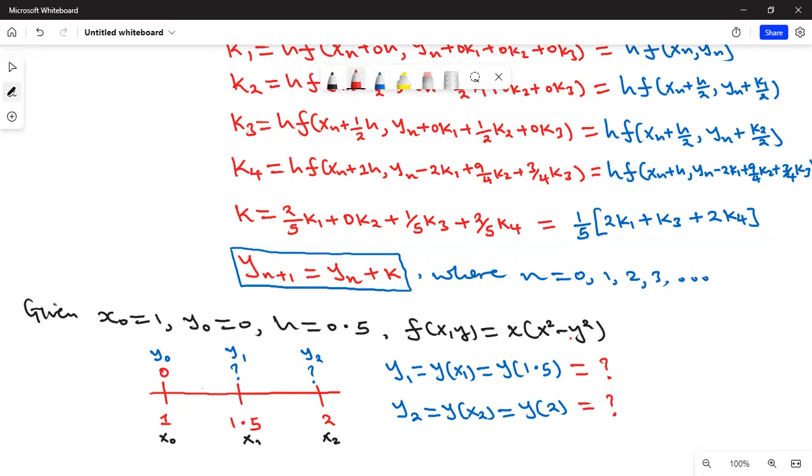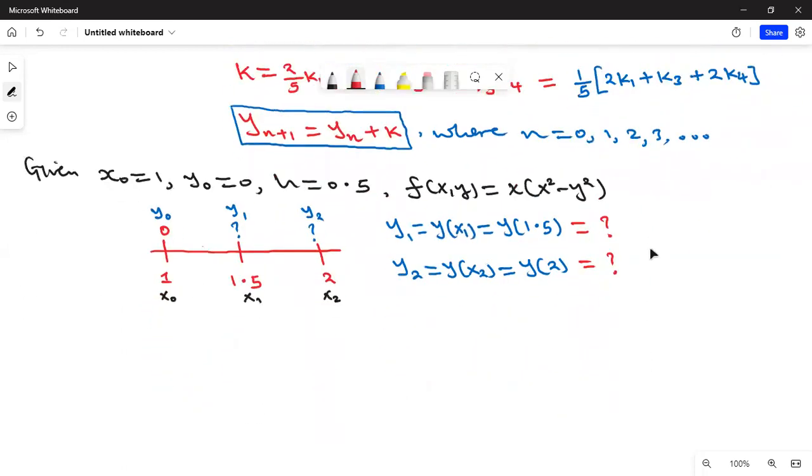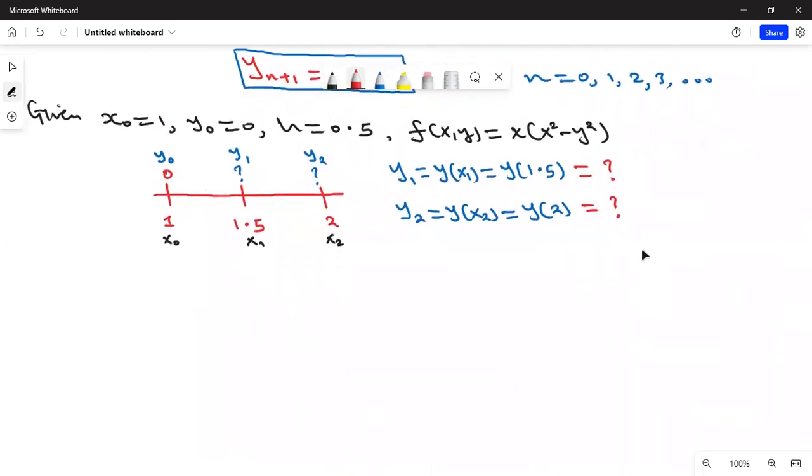So now let's start the iterations. We use n0, then proceed to n1. We just need 2 iterations because we need y1 and y2. So the starting point is when n is 0. So you put n is equal to 0.